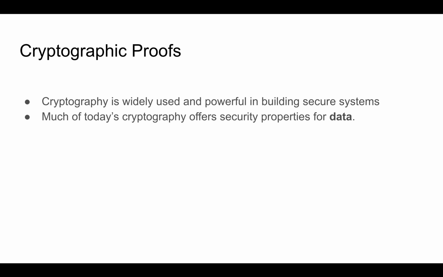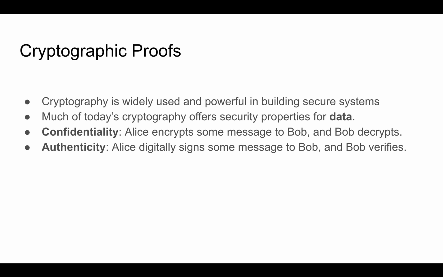Cryptography proofs are widely used nowadays in building secure systems. However, most of today's crypto primitives usually offer security only for data. For example, encryption schemes provide confidentiality for data.